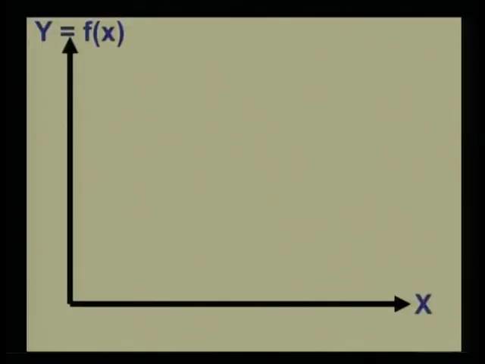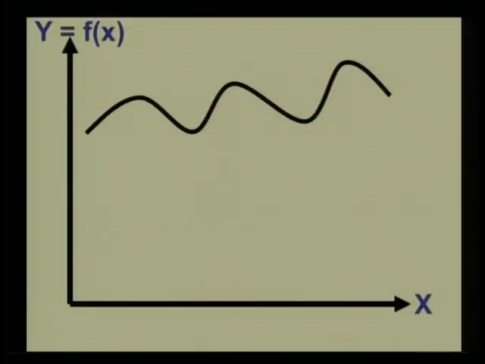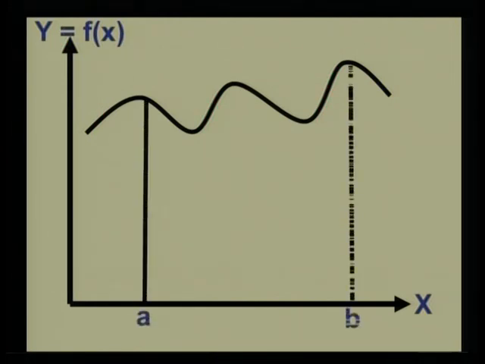Let us consider the curve f of x. This is the curve for which we have to find the area. We need to find the area under the curve between the points x equal to a and x equal to b.